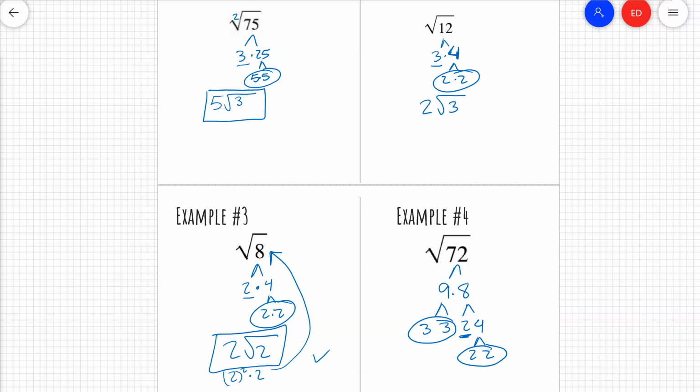So when we multiply this back out, we end up with 3 times 2 times the square root of 2. Simplifying that out, you would just multiply 3 times 2, which would give you 6 square root 2, and you are done. So that is how you would simplify radicals.